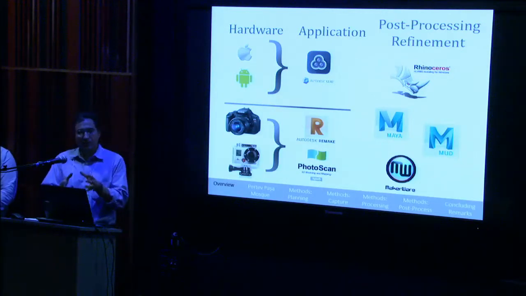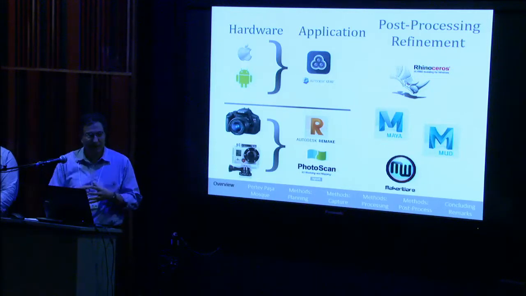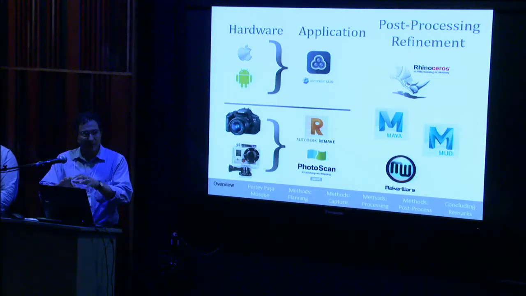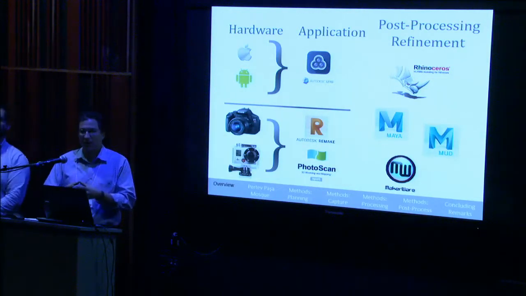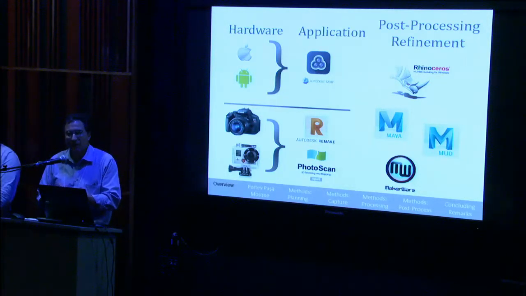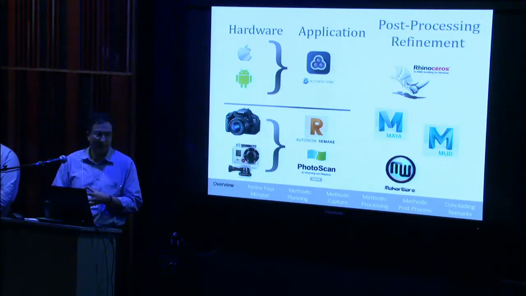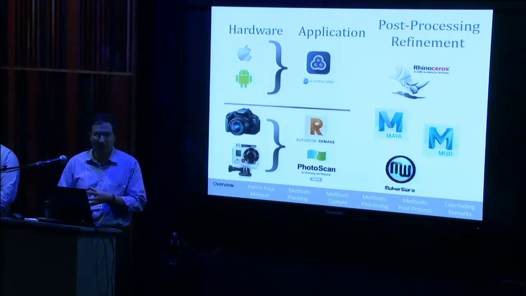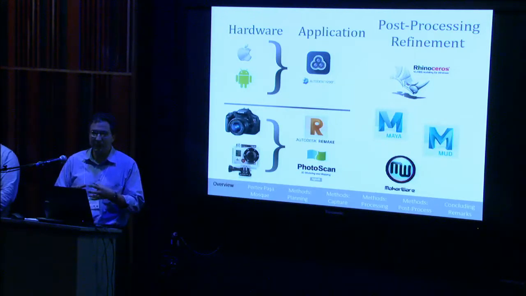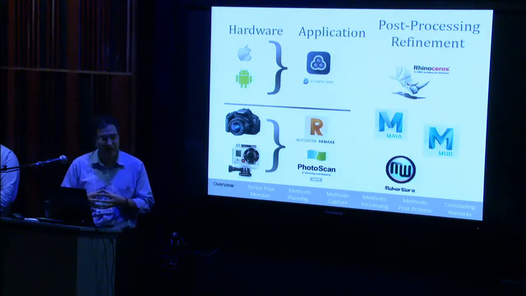Once we've collected our data, we process these photos into the initial three-dimensional physical or digital model. We then go through a series of post-processing refinements where we actually have to manipulate that model to make it accurate. There are a lot of distortions that have to be corrected. There are some geometries that can be simplified.